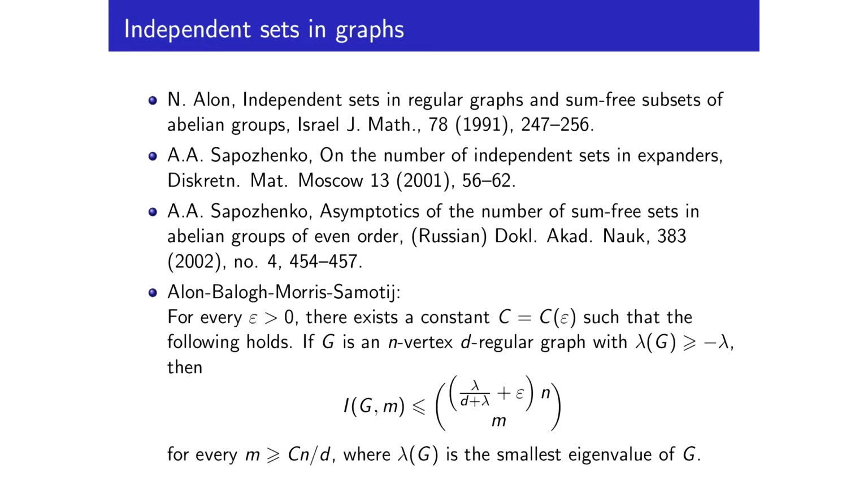If lambda G denotes the smallest eigenvalue of G, and lambda satisfies that lambda G is at least minus lambda, then the number of independent sets of size M is at most lambda over D plus lambda plus epsilon, times n choose M. So just assume that G is bipartite like that, and this lambda G is minus D. Here lambda over D plus lambda will be 1/2. So not surprisingly, we get that 1/2 plus epsilon, times n choose M in this special case.